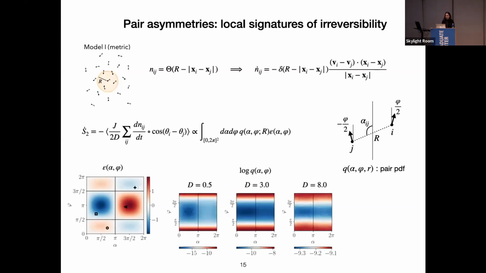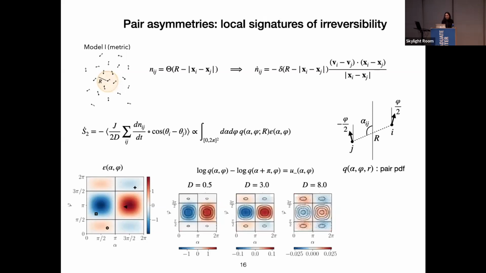Here I'm plotting the logarithm of the distribution of pairs of particles that exhibits this little asymmetry that is positively correlated with the anti-symmetry of epsilon. And this positive correlation is even more evident if I'm just plotting the anti-symmetric part of this log distribution.